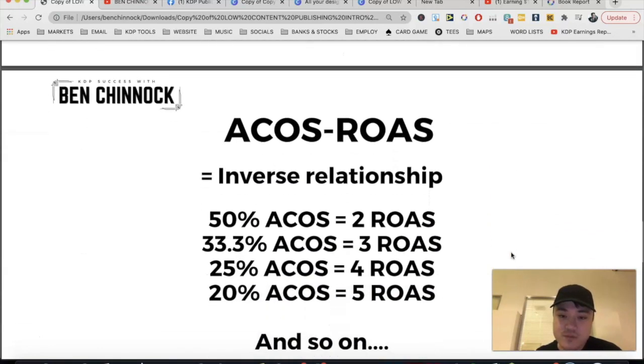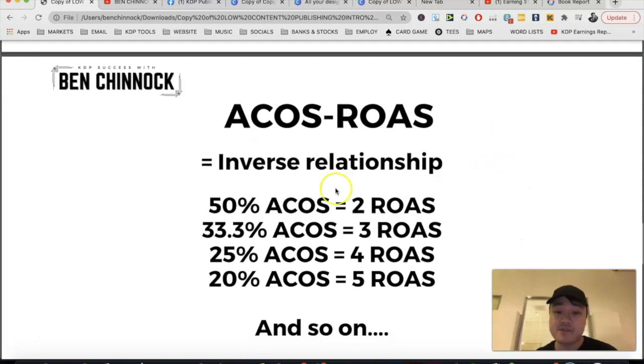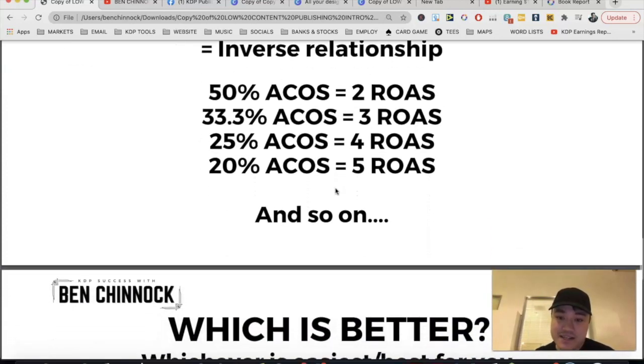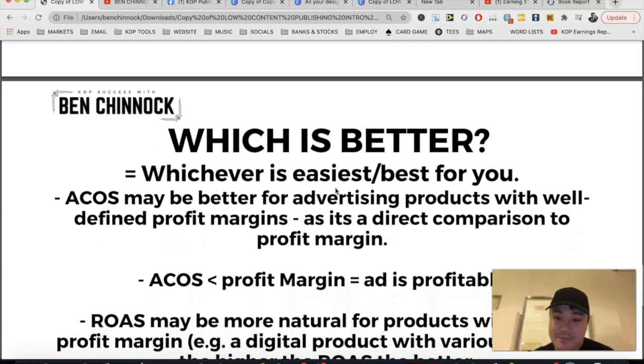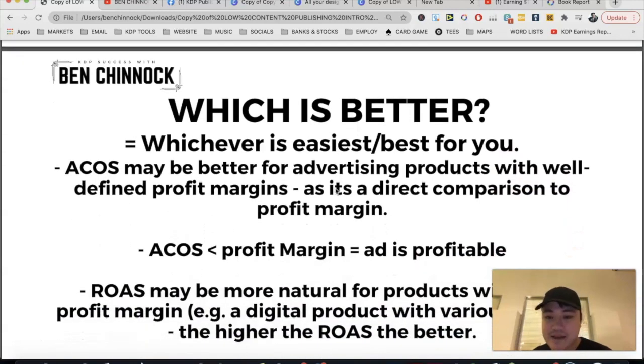So the relationship between ACOS and ROAS is an inverse one. A 50% ACOS would be a 2 ROAS, 33.3% ACOS, 3 ROAS, and so on. So that's basically the relationship between the two. Which is better is whichever is easiest or best for you. For me, I prefer ACOS, because ACOS is a direct comparison to the profit margin of any product.